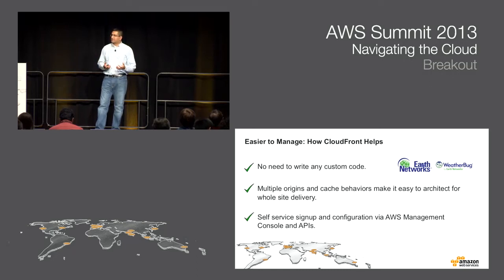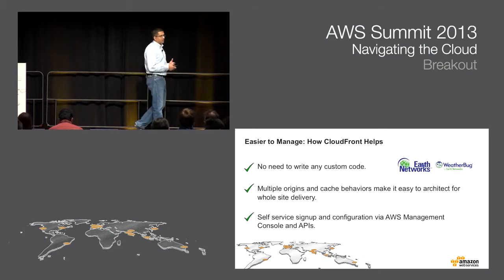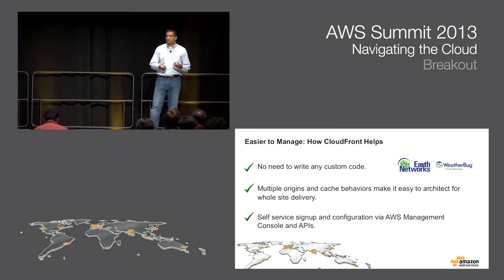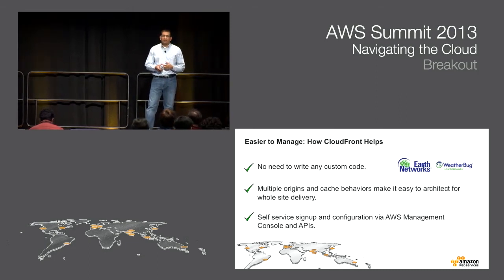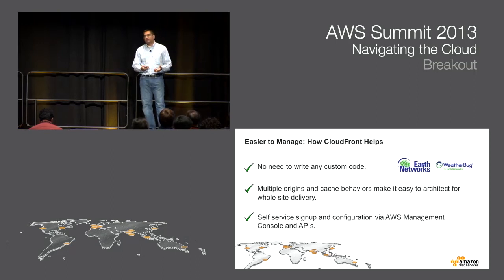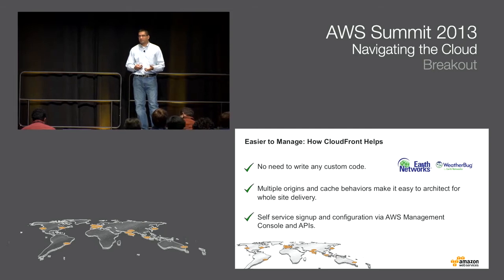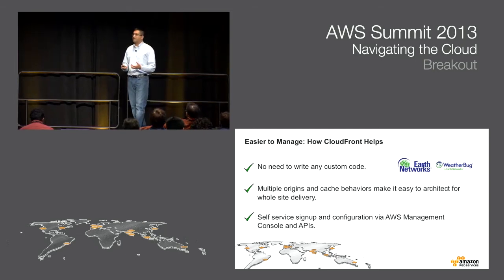Earth Networks is an example here where Earth Networks is using CloudFront to deliver their mobile, desktop, and website applications, their weather bug applications. And when they moved to CloudFront, they said that they didn't need to write any custom code. It was super easy to get started and super easy to configure their websites to deliver their entire website.